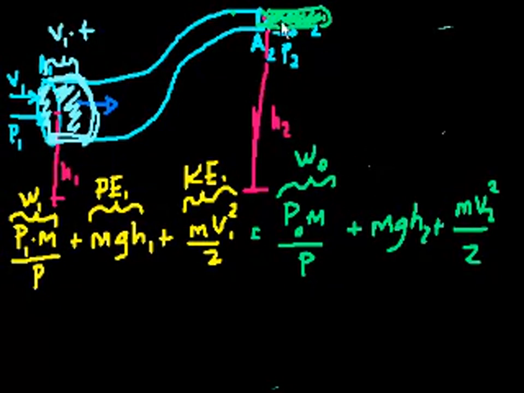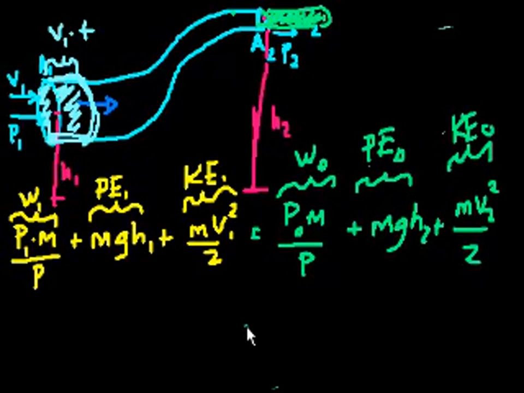Although now this column has more potential energy, right? It's up at H2, which I'm assuming is higher than H1. And then its kinetic energy is just the mass of this cylinder of fluid times its velocity squared, the output velocity squared, divided by 2. So this is potential energy out, and this is kinetic energy out. And these equal each other.